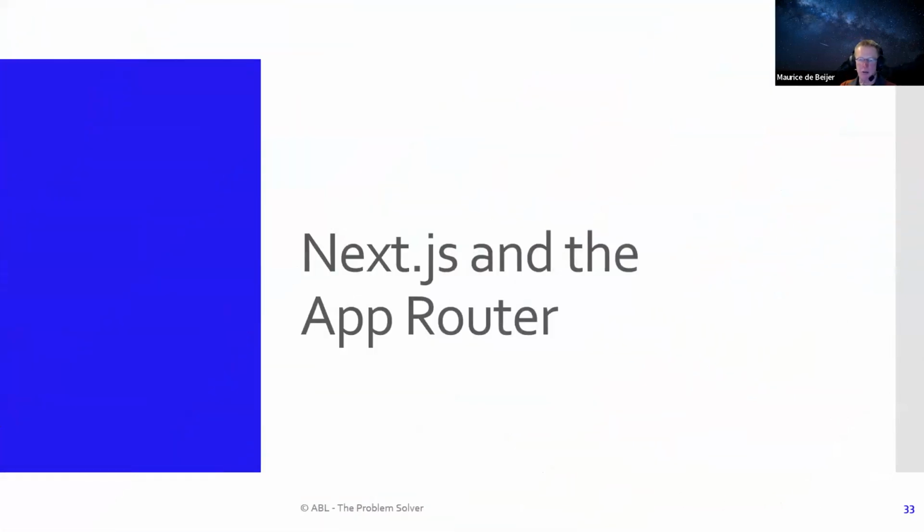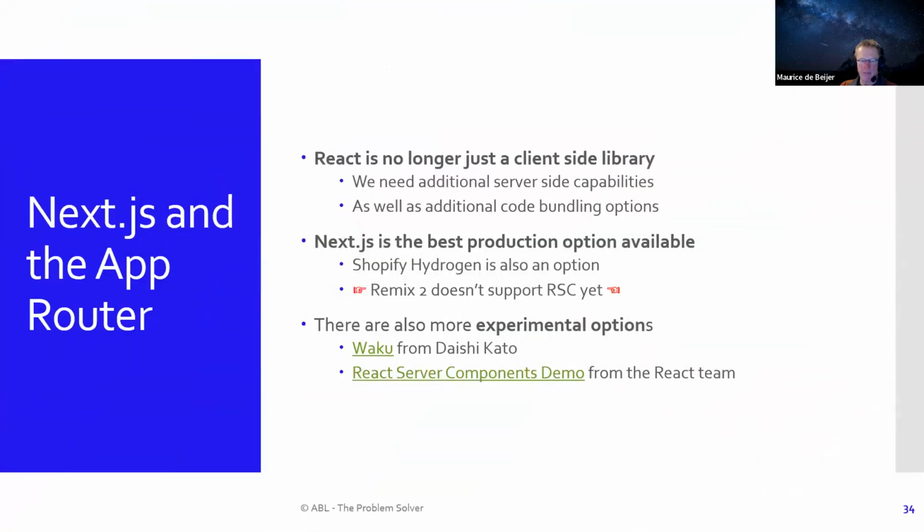Now I mentioned I was using Next, and I mentioned in the beginning that the app router part was important. So why? And for that matter, I mentioned React now requires a server, which isn't always the case. It's only the case when you're using React server components. If you're not doing React server components, you can still do React the traditional way with just client components.